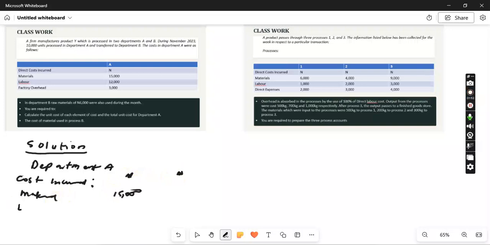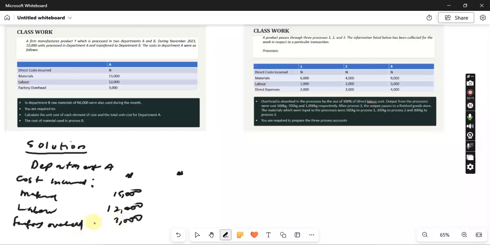We have labor. This is 12,000. We have factory overhead, which is an indirect cost, which is 3,000.